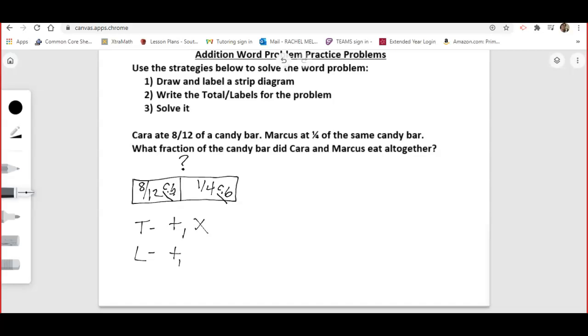Look at what it says for labels. Add and subtract. Very good. Okay. So everybody, what operation are we going to do? Addition, because it's the same for both.